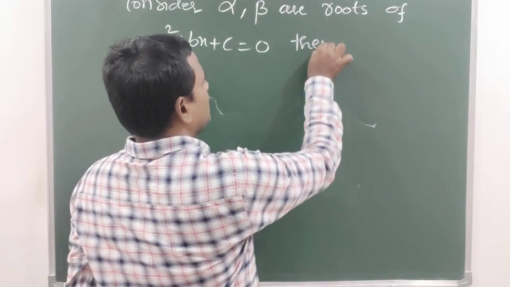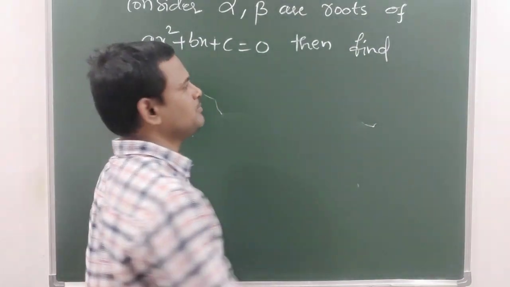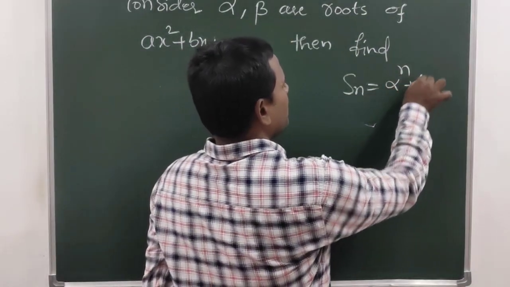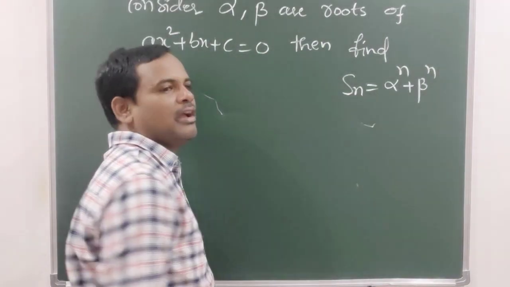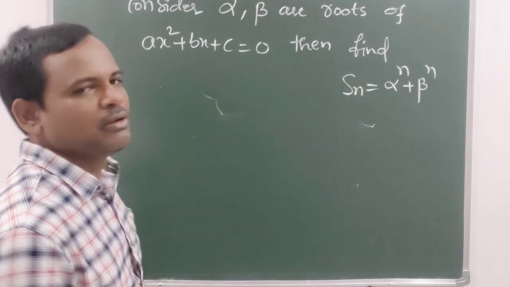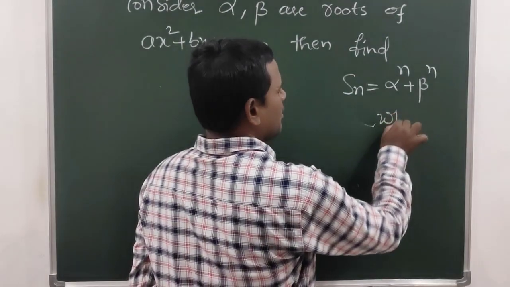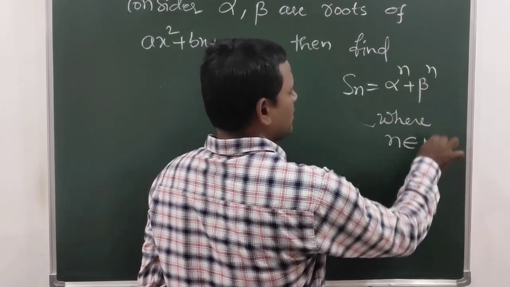Then find Sn is equal to alpha power n plus beta power n, where n belongs to the natural numbers.